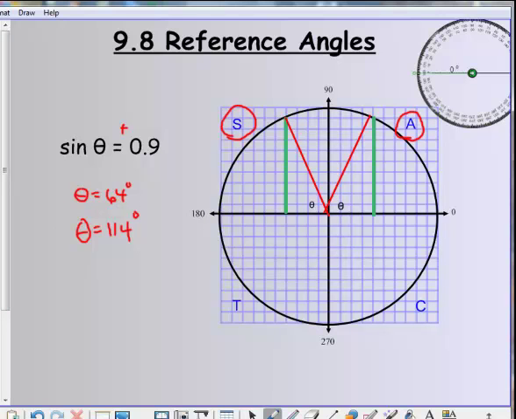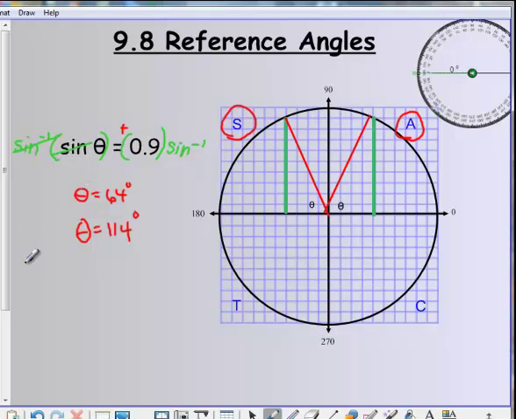Now, let's use the calculator, because of course you are not going to be drawing yourself little grids to figure it out. What you're going to be using is the inverse function. I'm going to take the inverse of sine. Since sine is a function, we get rid of it by doing the inverse.